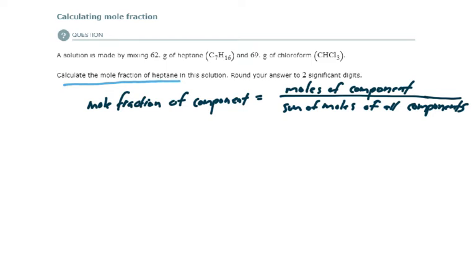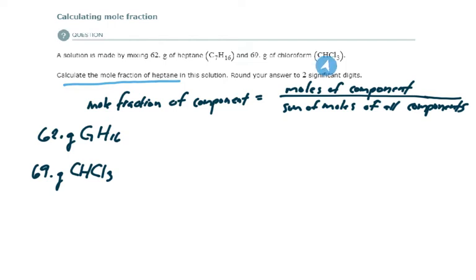So let's see what we have. We have a solution that is made by mixing 62 grams of heptane and 69 grams of chloroform. So what we need to do is take those masses, 62 grams of heptane and 69 grams of chloroform, and convert them to moles.